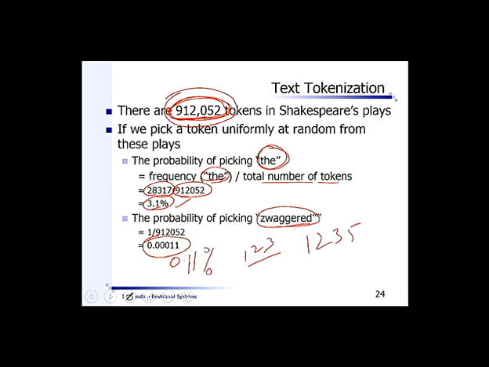So of course it makes sense that if we have the entire document collection, if I know the total number of tokens and I know the frequency of every term, I can calculate the probability of picking it at random. You can relate it to simple probability.